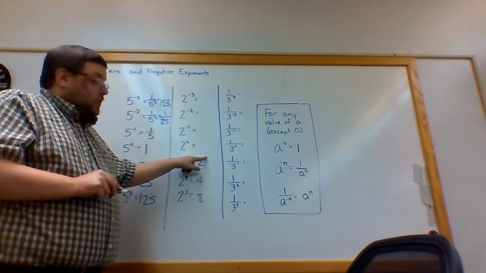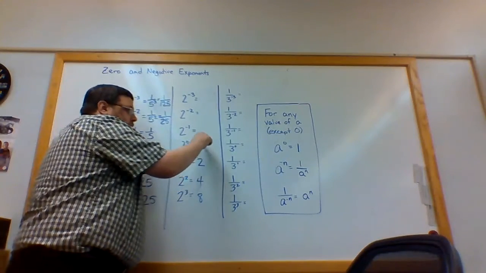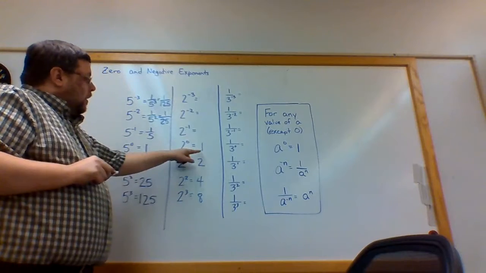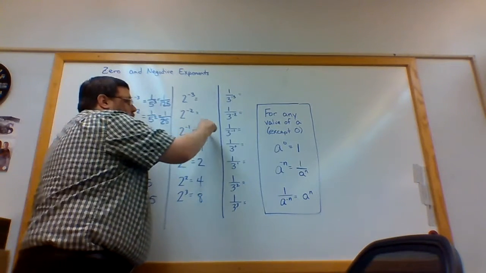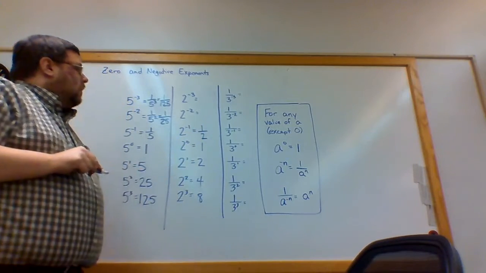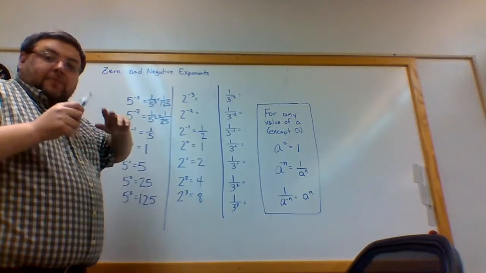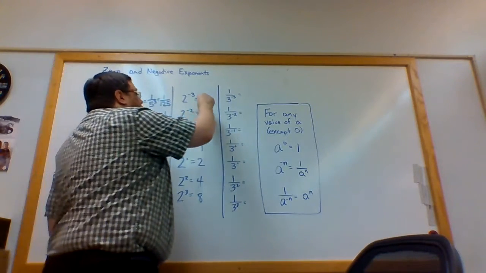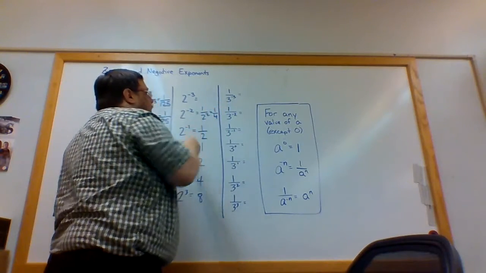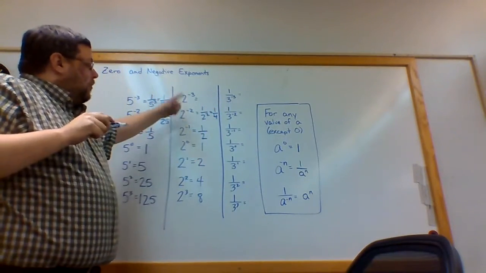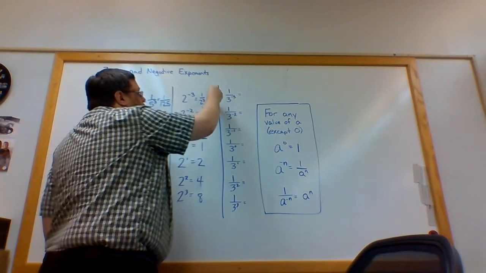As I move up to 2 to the 0 power, dividing by 2 gives me a 1. 2 to the negative 1 power, take 1 divided by 2, that's just 1/2. Divide that 1/2 by 2, a half is a fourth, which we could say is 1 over 2 squared, or 1 over 4. And then 2 to the negative third power is going to be 1 over 2 to the third power, or 1/8.